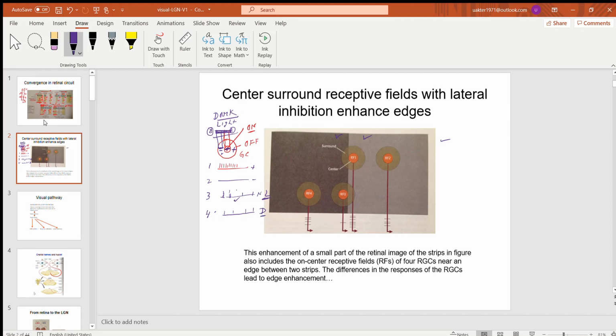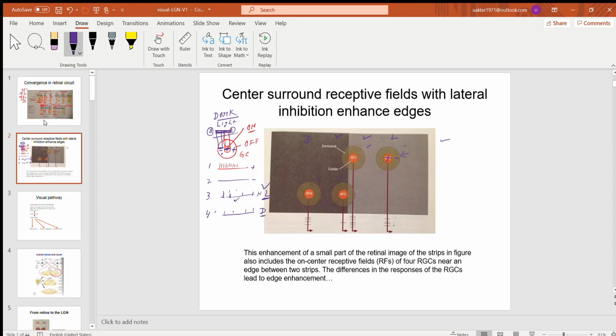Okay, this is dark, this is light. Now these are the ganglion cells. Four different ganglion cells, right? Now let's see this condition. Here you have light, so on center will be activated, off surround will be inhibited, so they will cancel each other. So you'll see only few action potential, right, like this.